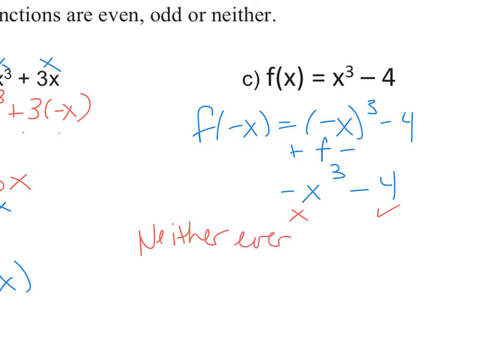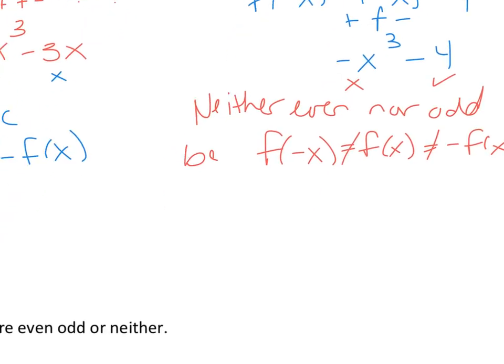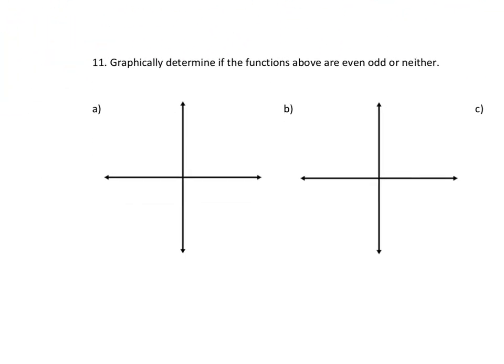Because when I negated the x, it didn't equal the original, and it didn't equal the opposite of the original. You can say that in words if you want, but that's the proper notation. So now what they want you to do on the bottom here is they want you to do this graphically.